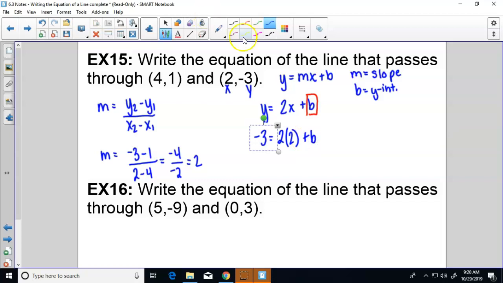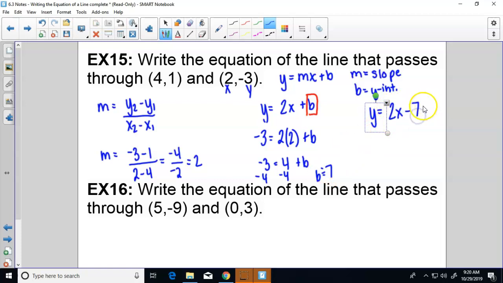So we could do this, and we would get -3 = 4 + b, just like we did on the last problems that we were doing before these. And then we would subtract our 4, b equals -7.